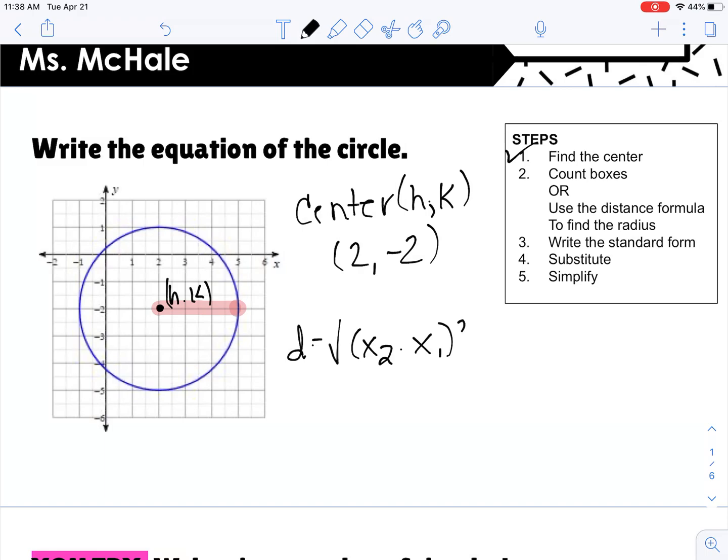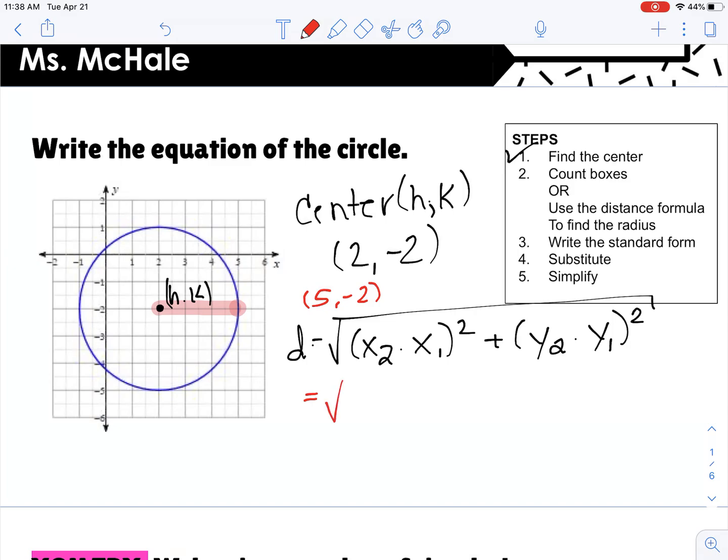The square root of (x2 minus x1) squared plus (y2 minus y1) squared. Okay? We have the center and then we have the point on the circle, which would be at (5, -2). So we have 2 points here. We have (2, -2), and then (5, -2).